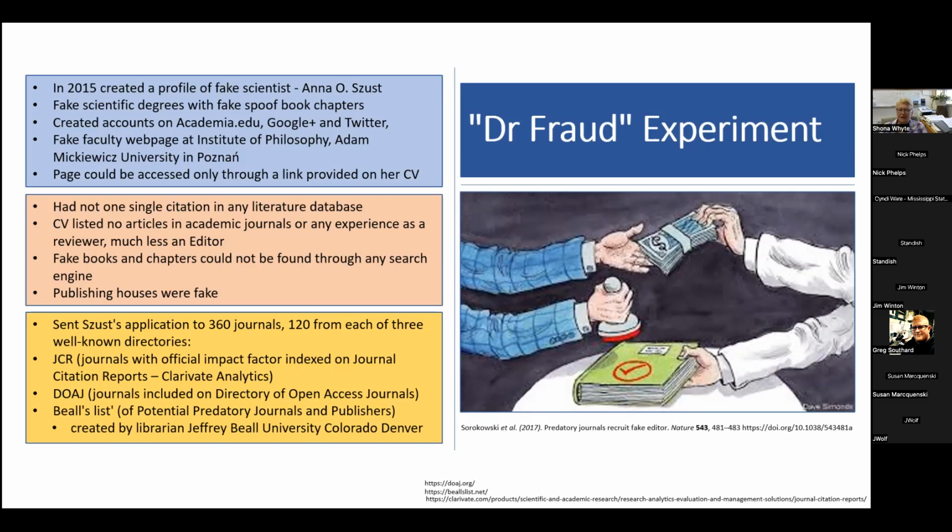Then we have the DOAJ, the Directory of Open Access Journals, which is just a list of current open access journals. And then they also used what's called Beall's list, which refers to a librarian called Jeffrey Beall, originally from the University of Colorado, who created this list of potential predatory journals and publishers. So 120 applications were sent to each of these three groups.